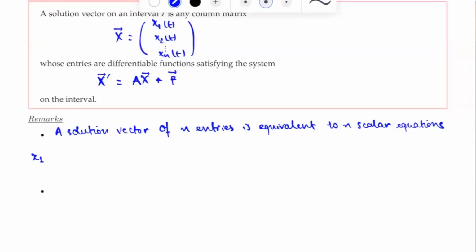So for instance, you have x1 equal to some function phi sub 1 of t, x2 equal to phi sub 2 of t, so on and so forth until you get to the last solution, x sub n equal to phi sub n of t.